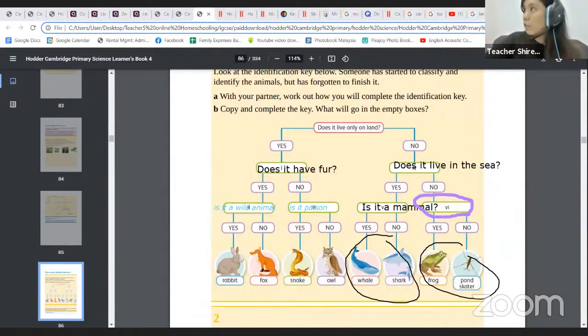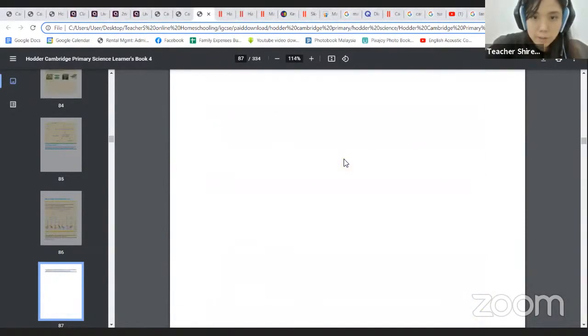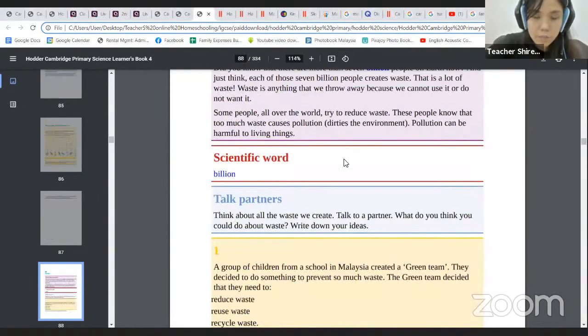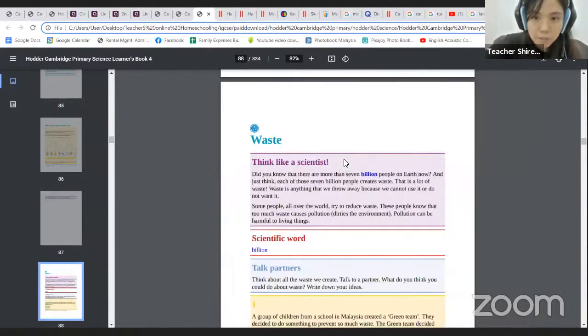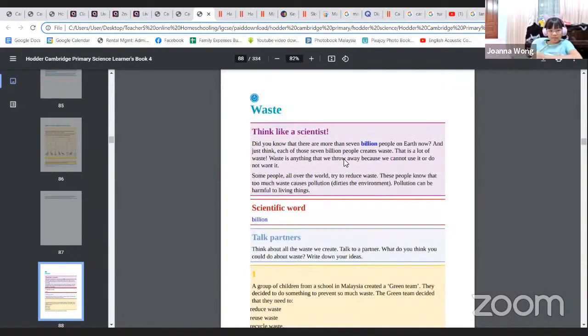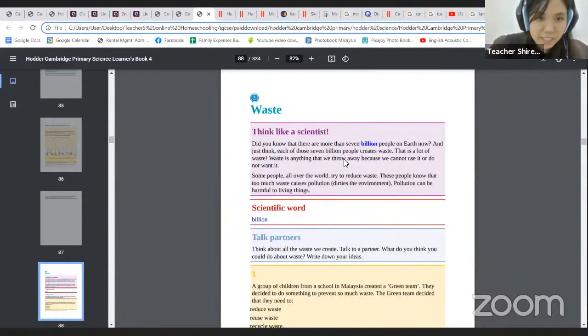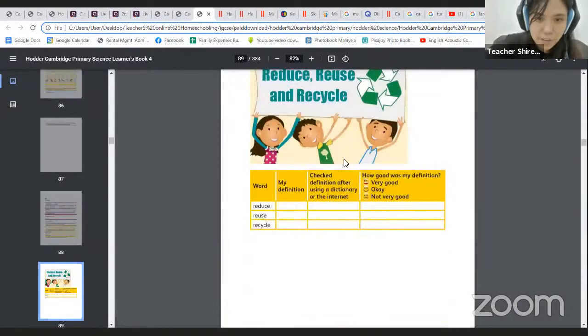All right, so very glad all of you understand mind map very well. So we have covered everything about identification key, about vertebrates, invertebrates. Previously I taught you guys, right? Or you learned somewhere else, the activity book. Yes, that's right. So very good, all of you know mind map very well.